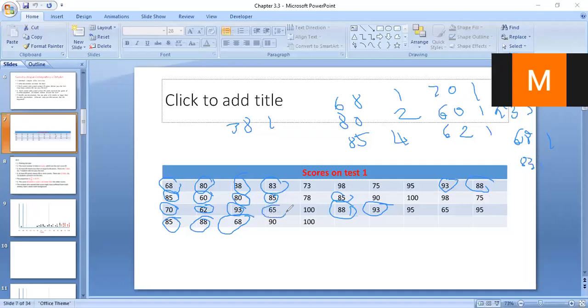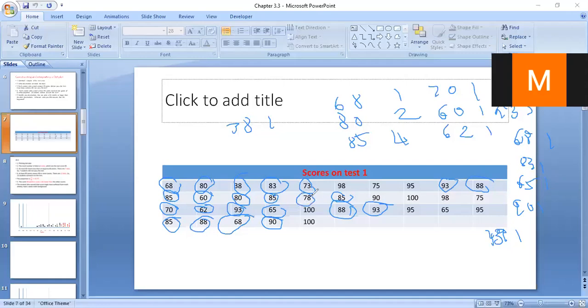And 65, we have 1. And 90, we have 1. And 73, we have 1.